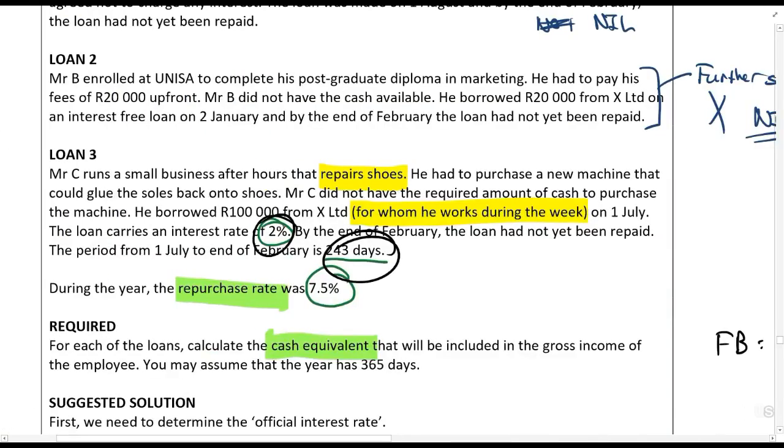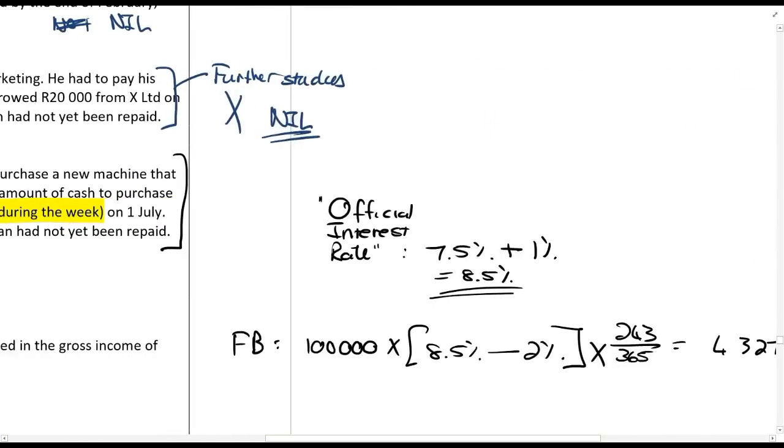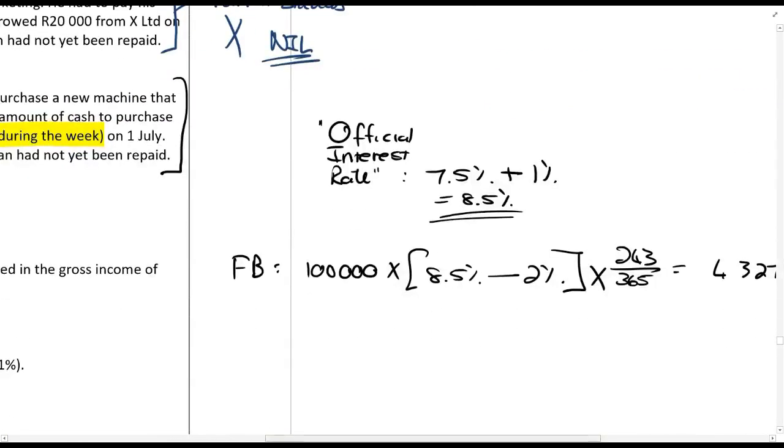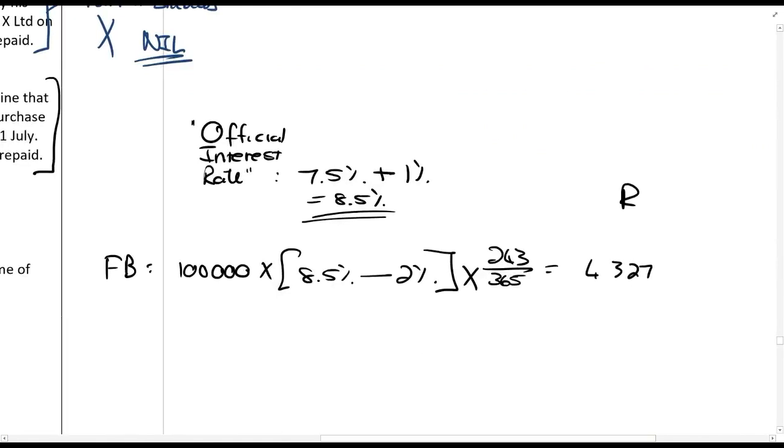But now what is important here, guys? He used this loan in the production of income. So that amount that he will be taxed on goes into his rands column, and he will also get a section 11A deduction for that, as he has used it in the production of income. That is the fringe benefit amount that he will get a section 11A on.